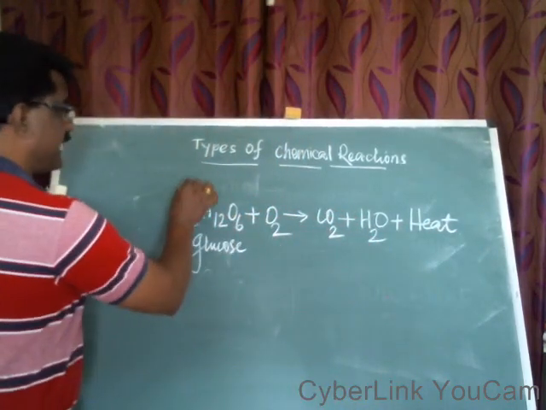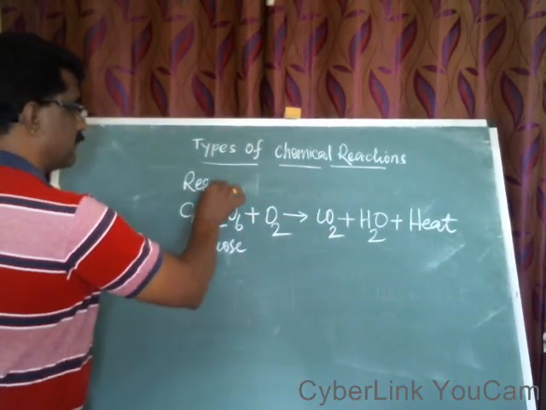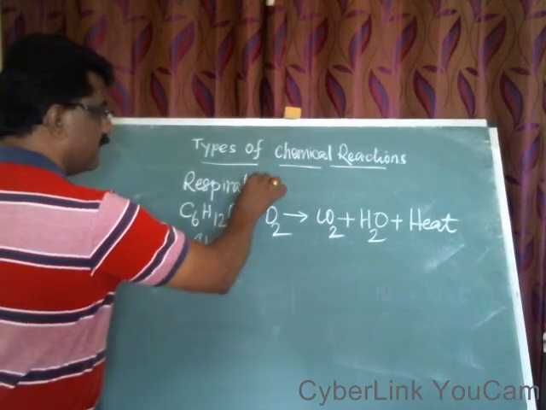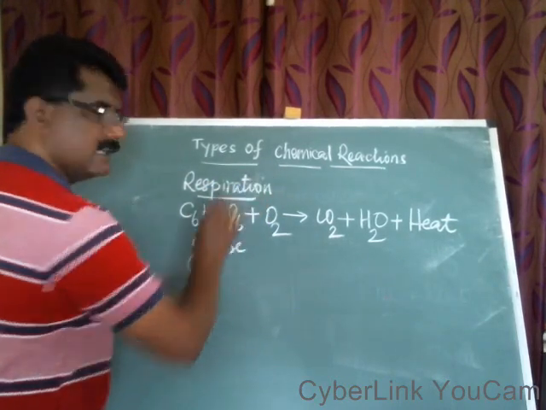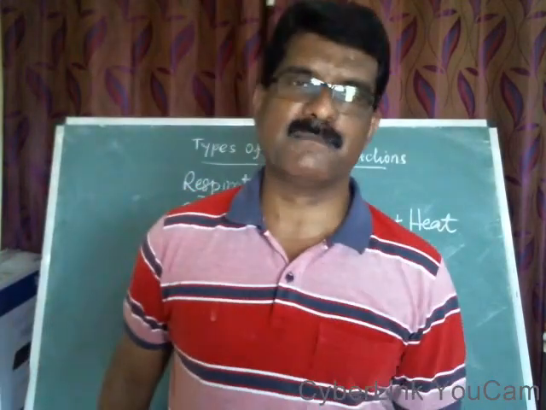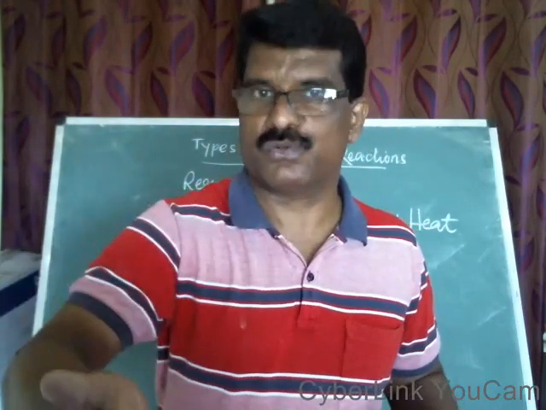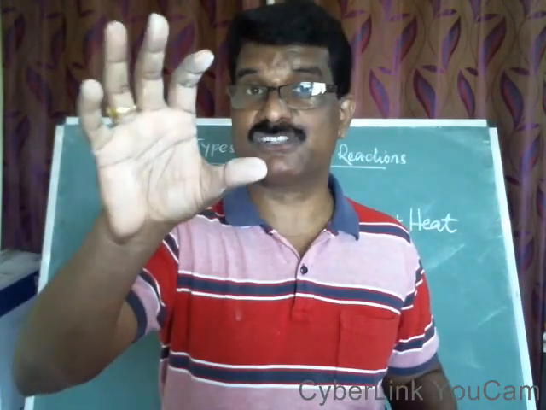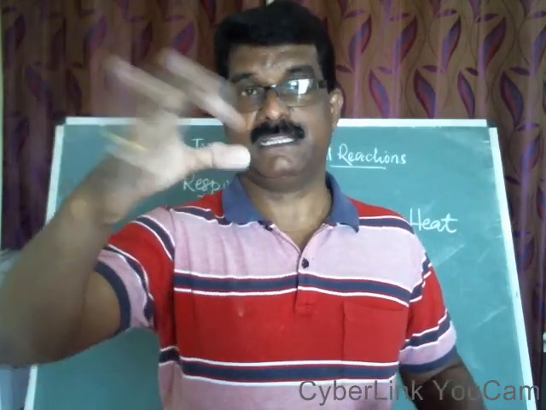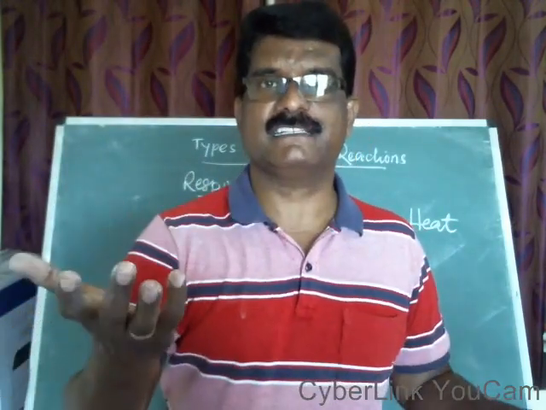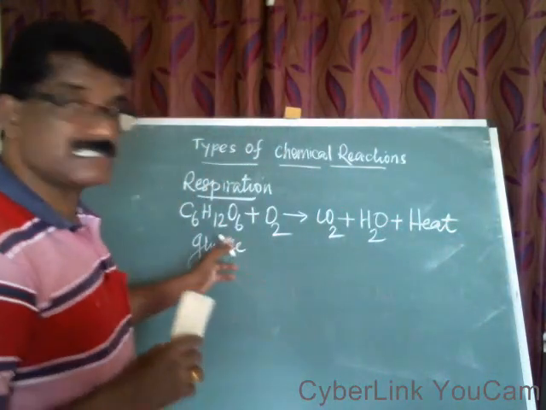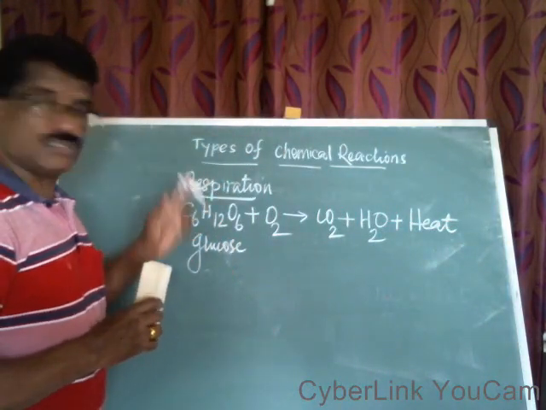Therefore, respiration is also an example of an exothermic reaction. A reaction in which heat energy is coming out is called an exothermic reaction. The biochemical process of respiration is also an example.